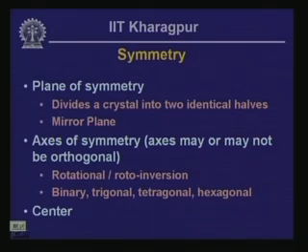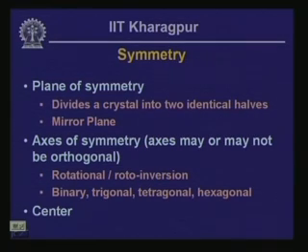Now there could also be a center of symmetry. What it means by a center of symmetry is that if you look at two opposite faces across the center of symmetry, they are going to be identical. They are going to have an identical appearance in terms of their orientation and geometry.